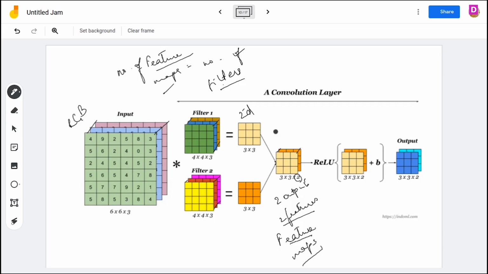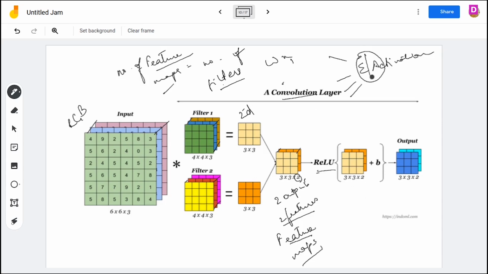But it does not end there. If you remember, in our MLP also, we first had the summation, right? We had the weights with the x's and all, we had the summation. Then this was followed by what was known as an activation function. So here in the same way we will be having an activation. Usually for convolution we use ReLU as an activation function. The reason is that it is easier to understand using that. So once you get that, you have ReLU over the weights plus bias.